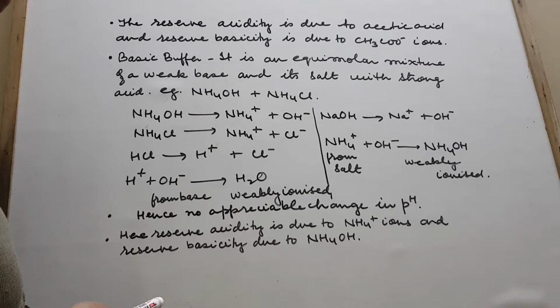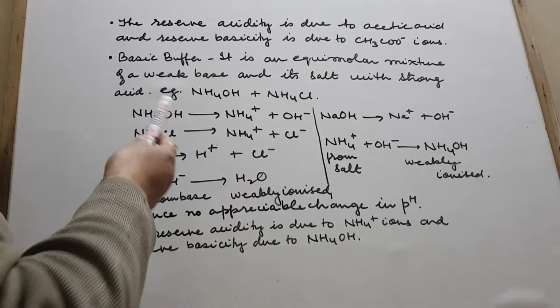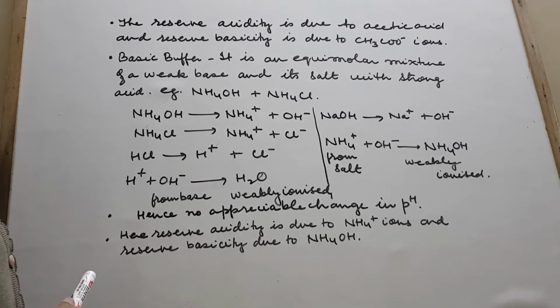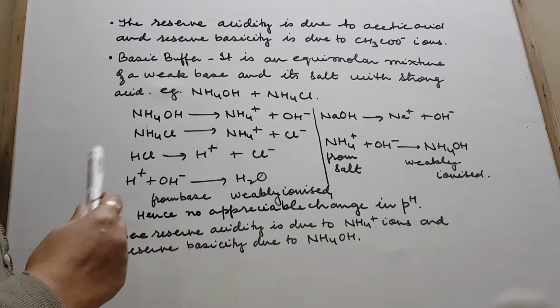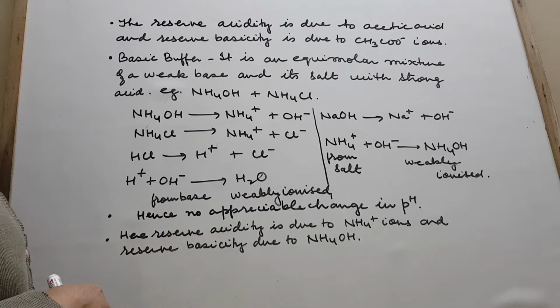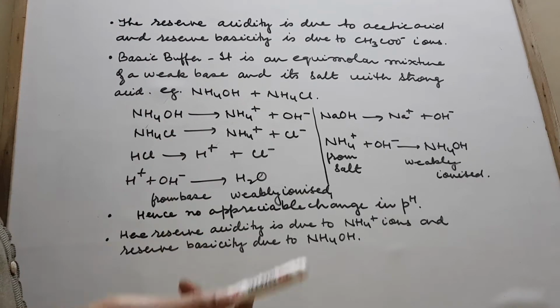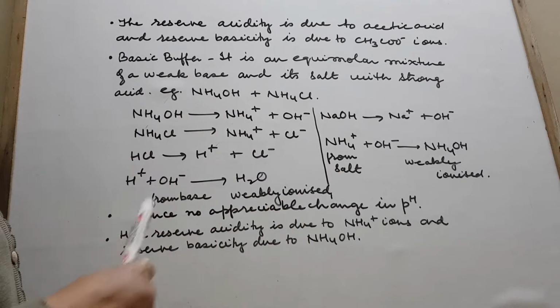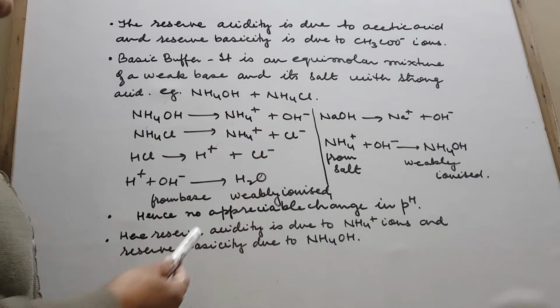Now, basic buffer. It is an equimolar mixture of weak base and its salt with strong acid. So weak base, say NH4OH, we all know very commonly, and its salt with strong acid, say HCl. So if NH4OH reacts with HCl, the salt formed is NH4Cl.